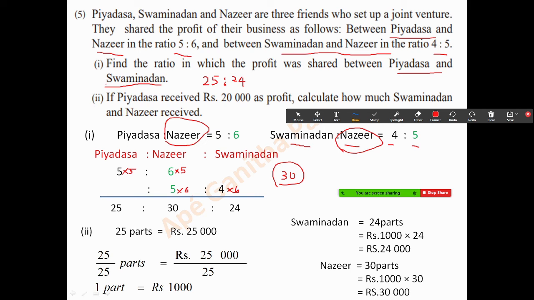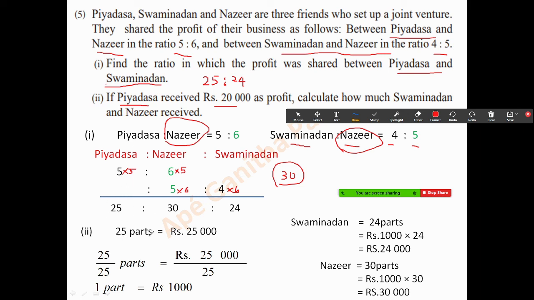Problem number 2. If Piyadasa received 20,000 as a profit, calculate how much Swaminathan and Nasir received. Piyadasa received 20,000. You have to find the profit received by Swaminathan and Nasir. When we think about the number of parts in the ratio, Piyadasa received 25 parts.